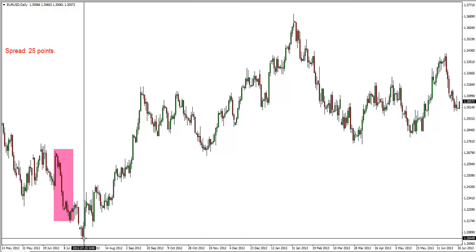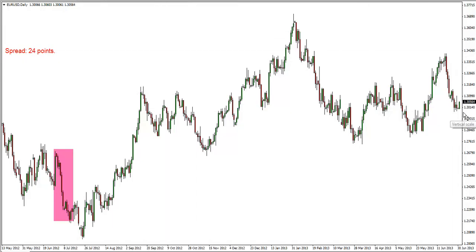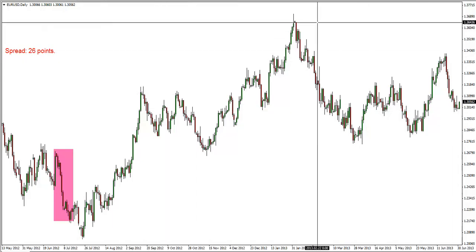And again, it revisited right here at about 1.200, a support level from a previous low set on a monthly chart.